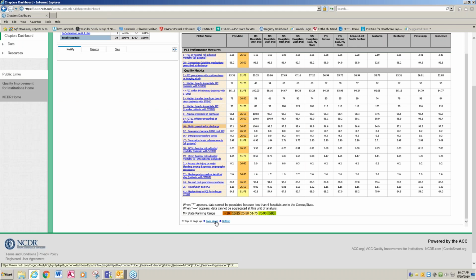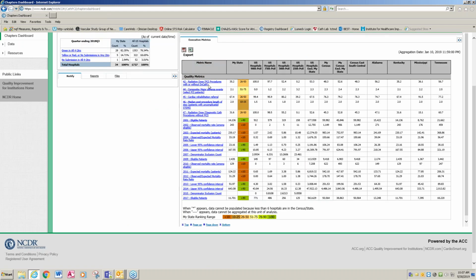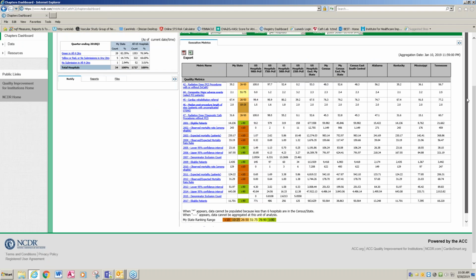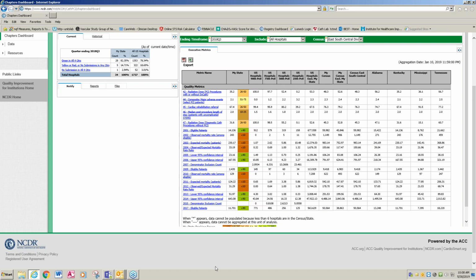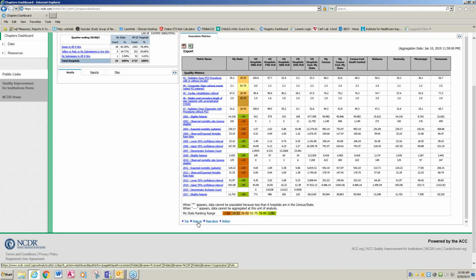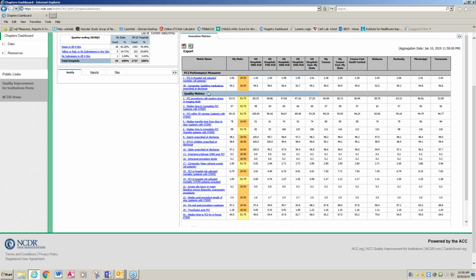I think it's another down. Composite. I'm sorry, I lost it. Let's see first the medications on discharge.